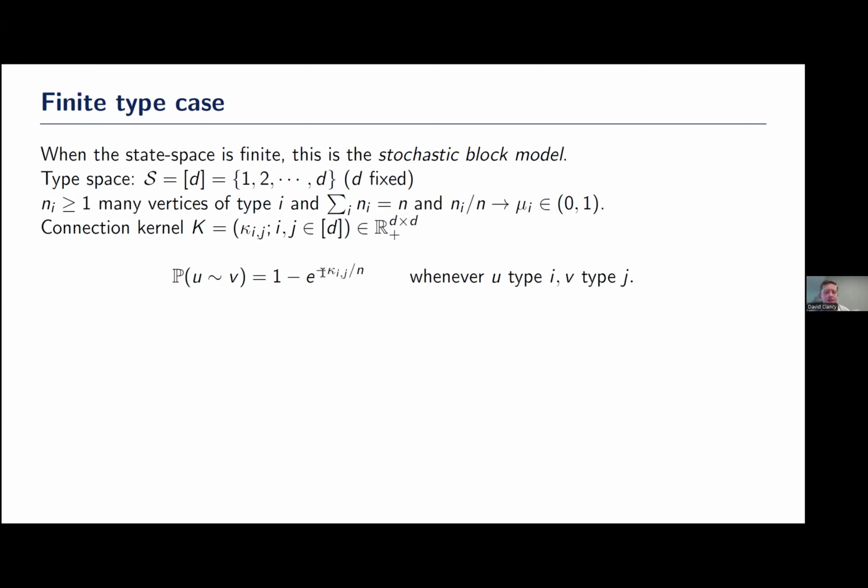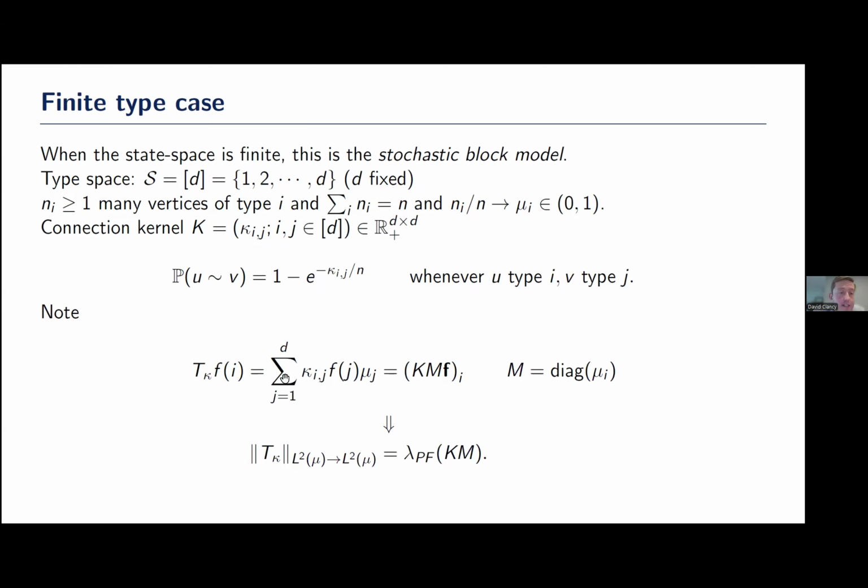So let me mention that as kappa_ij increases, it is more likely for vertices of type i to be connected with vertices of type j and vice versa. For smaller values of kappa, it's less likely that they share edges.